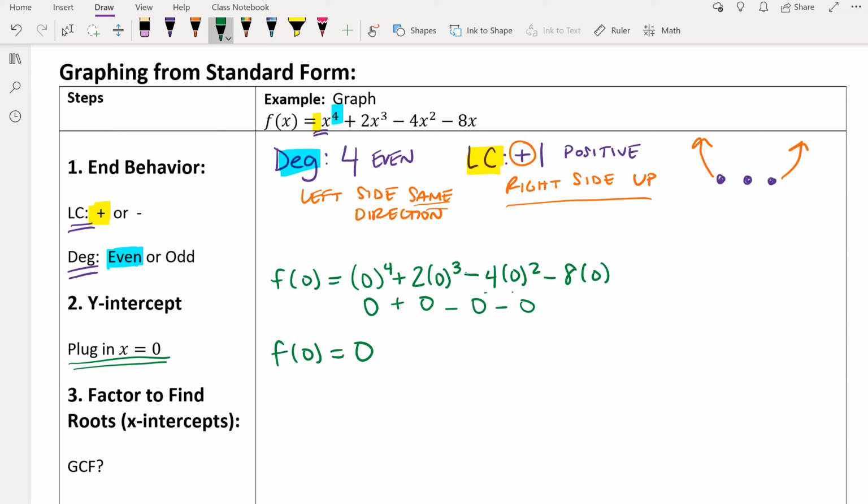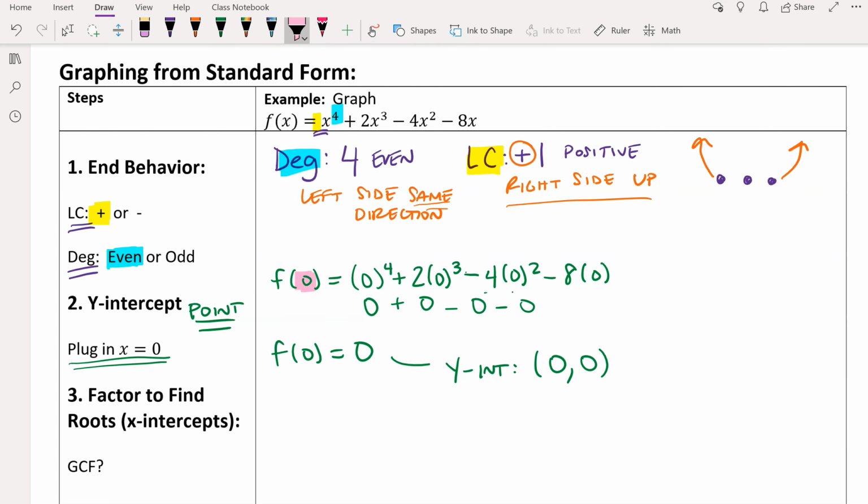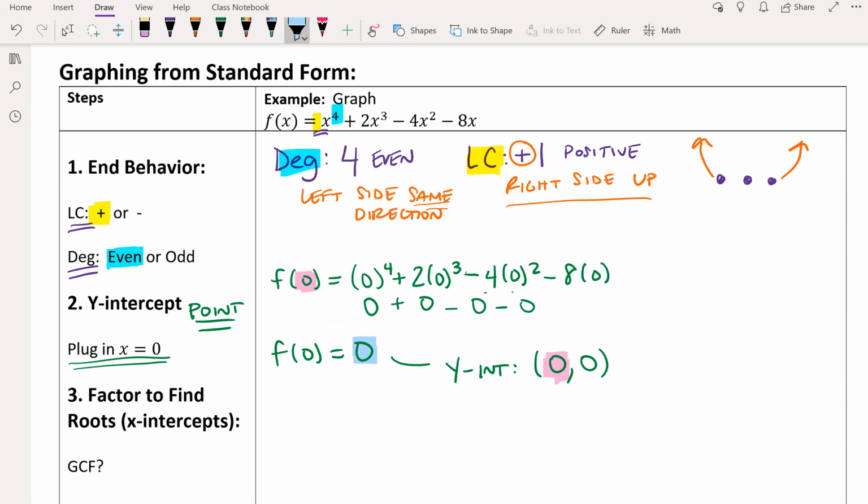And then we need to write a point. Remember, the y-intercept is a point. So we need to write this as a point. So let's go ahead and do that. Our y-intercept is this point. We plugged in 0 for x, comma, 0 for y. And if you're wondering where those numbers came from, we plugged in 0 for x. That's where this 0 came from. And then what we got was 0 for y, right here.